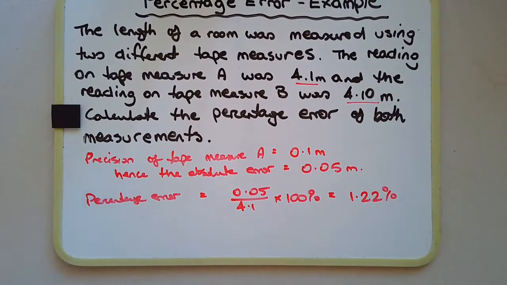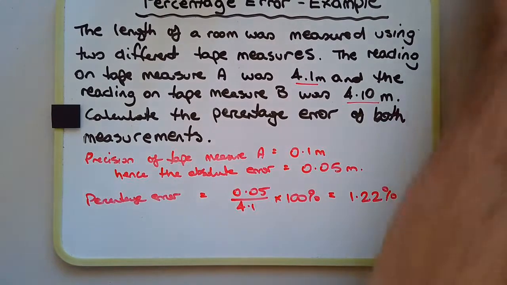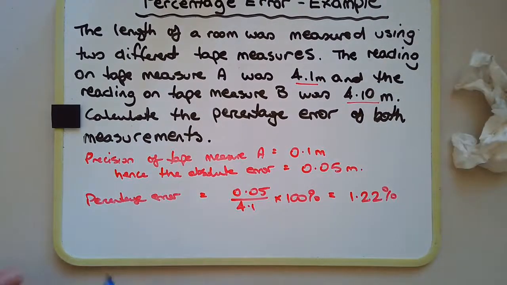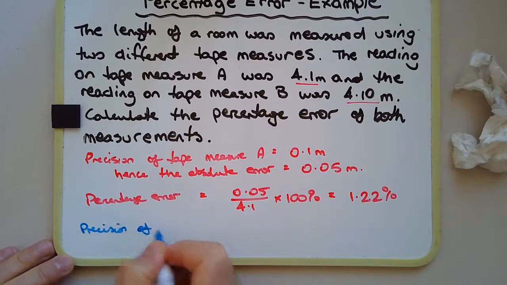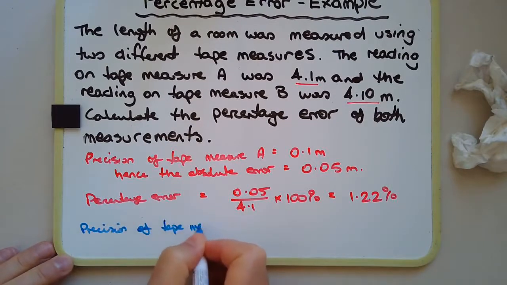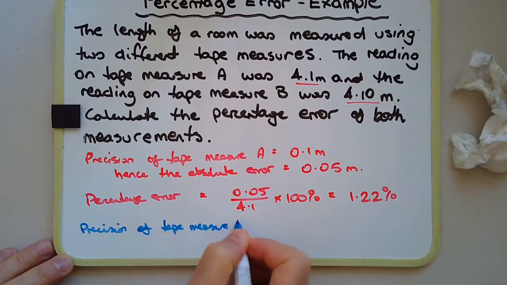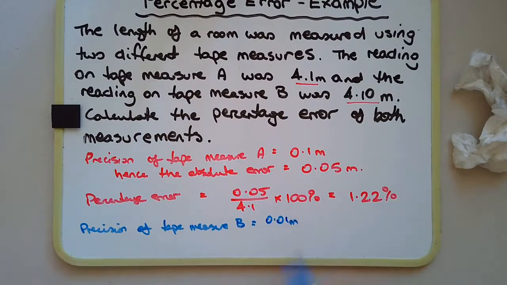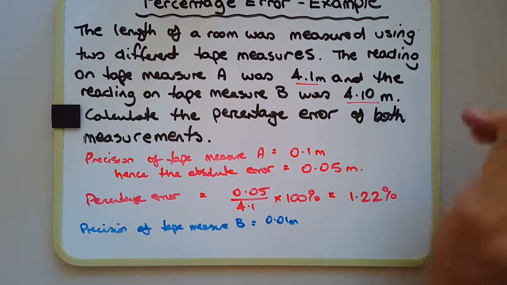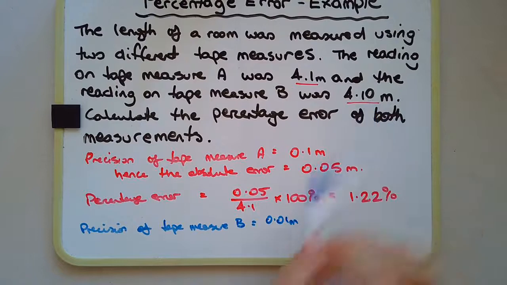Let's have a look at tape measure B now. The precision is equal to 0.01 of a meter, and that's implied by the number of decimal places that are used there.